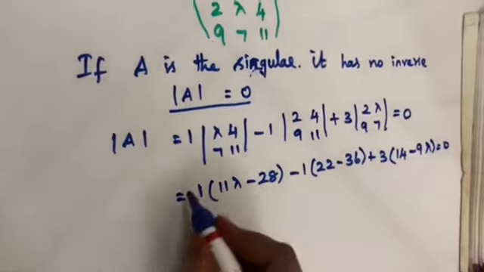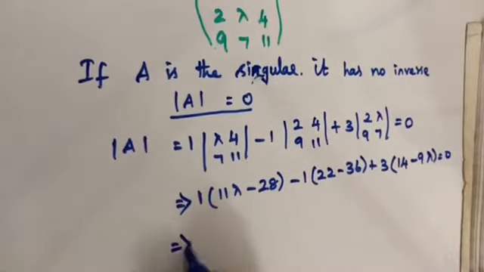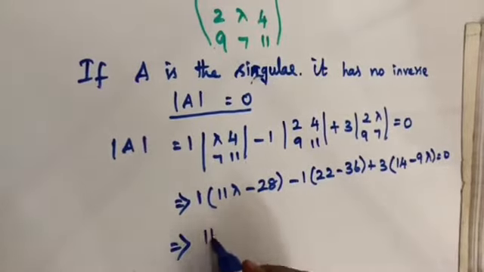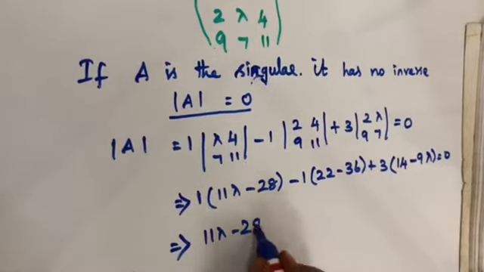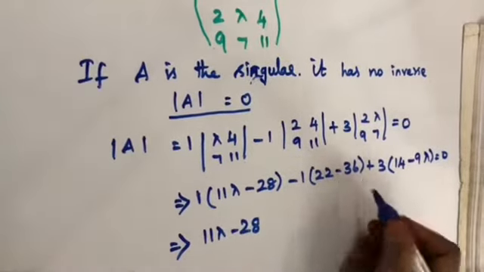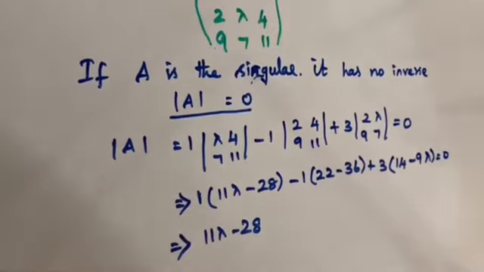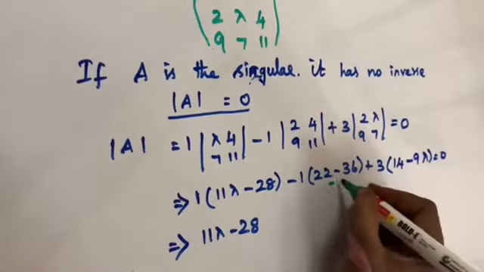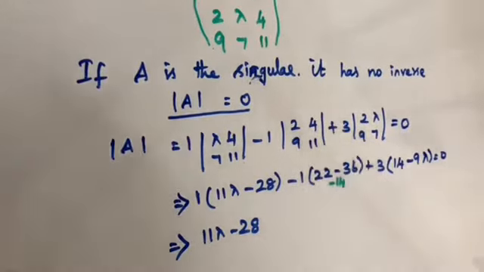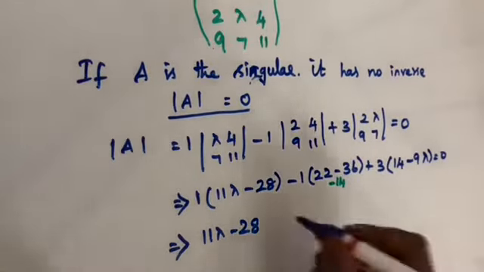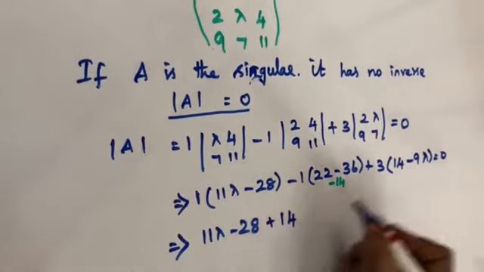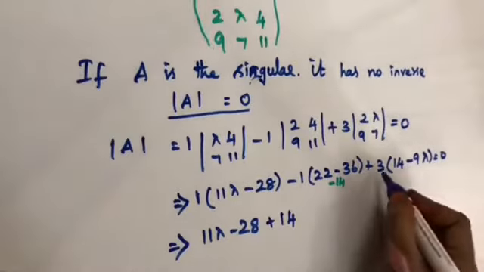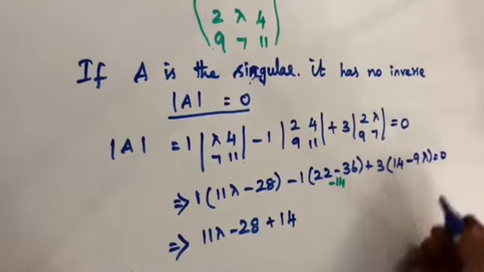Here 22 minus 36 is minus 14. Minus and minus will be plus, so plus 14.